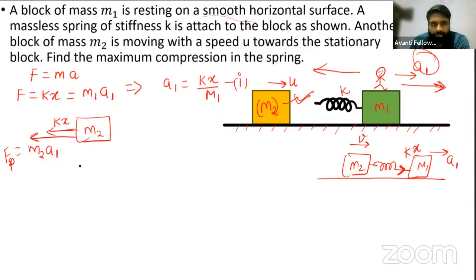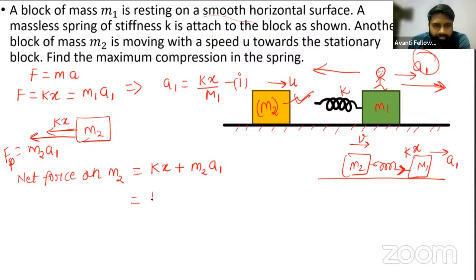Got it? Now you can say that the net force on m2 is equal to kx plus m2a1. You can put the value of a1 here, which is equal to kx plus m2 into kx by m1.